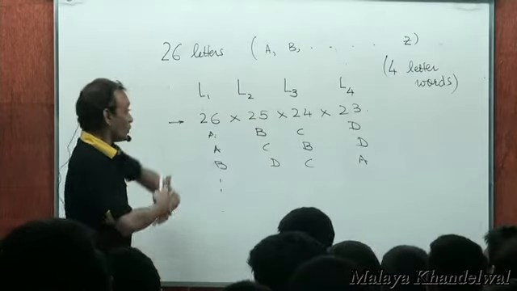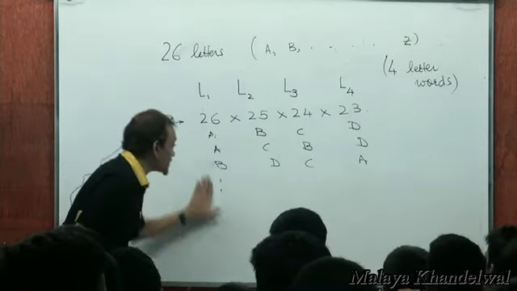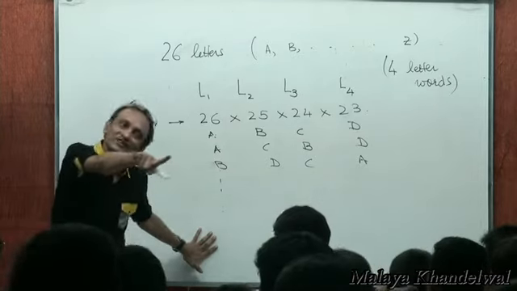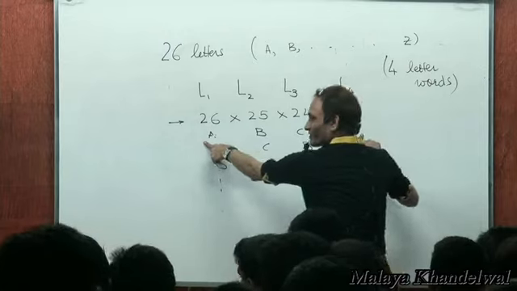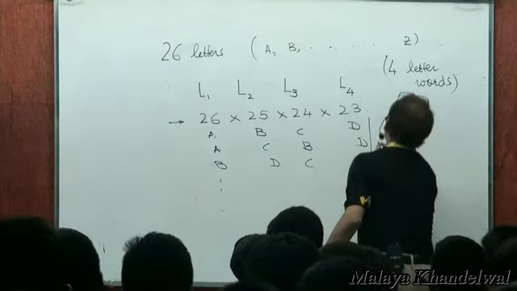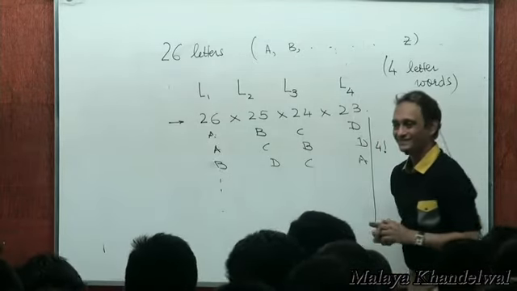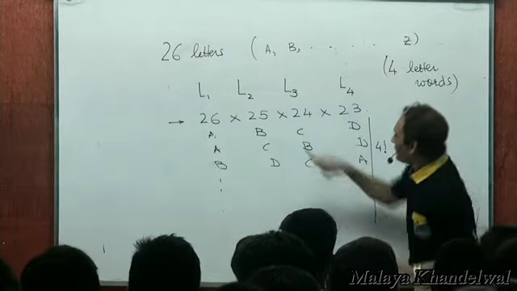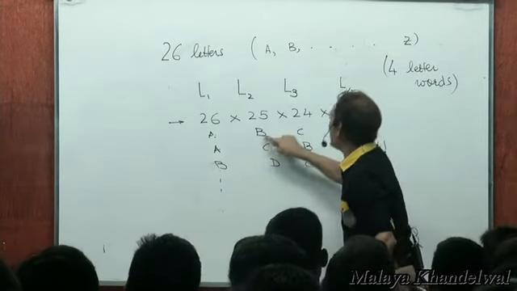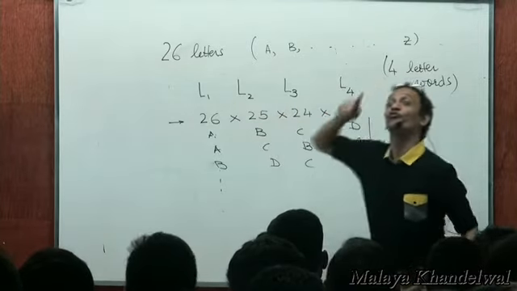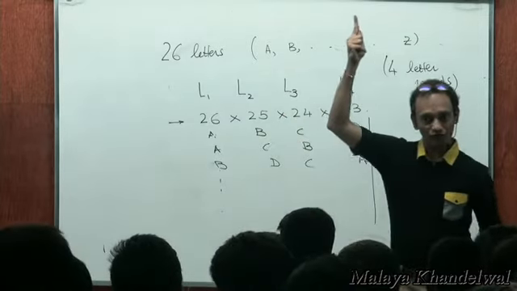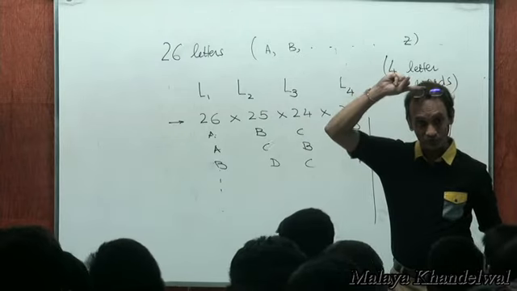That means, when flared up, how many sets will this give me? 4 factorial. So every selection of 4 will actually give me 4 factorial words. Yes or no? Yes, sir.